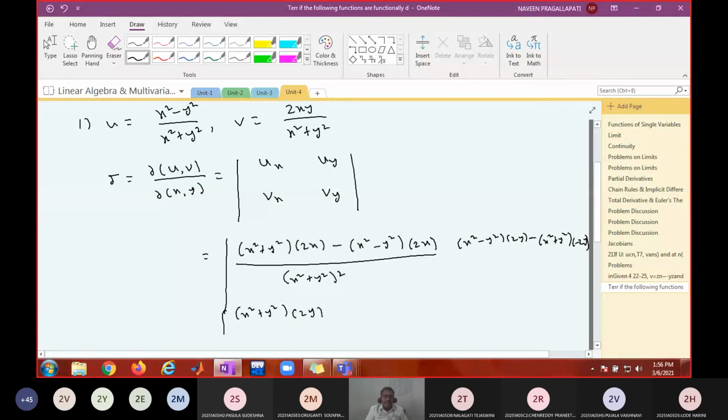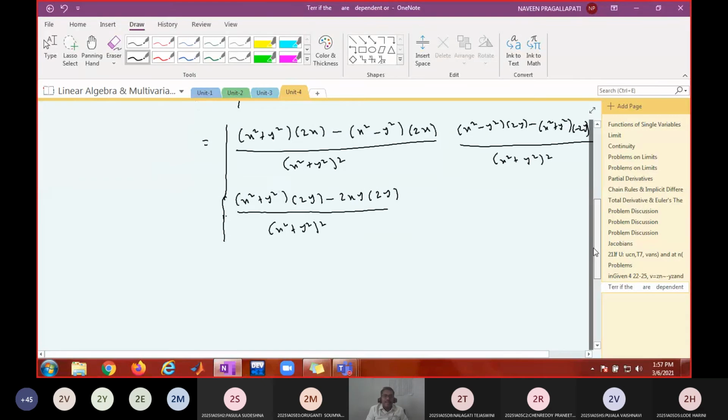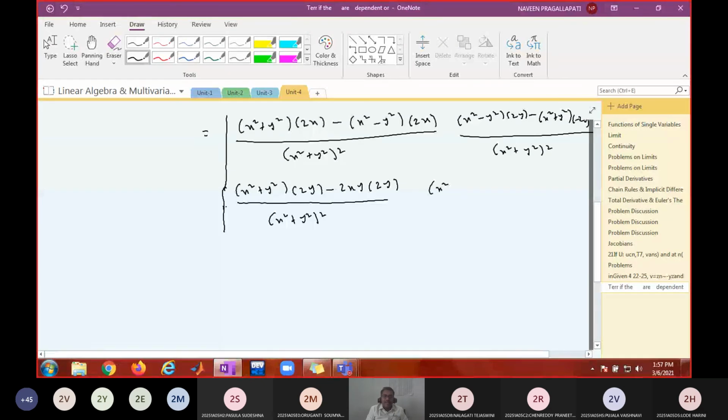Vx means (x square plus y square) into 2y minus 2xy into 2x... similarly, Vy is (x square plus y square) into 2x minus 2xy into 2y divided by (x square plus y square) whole square.